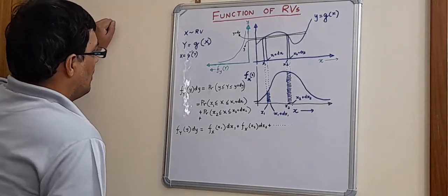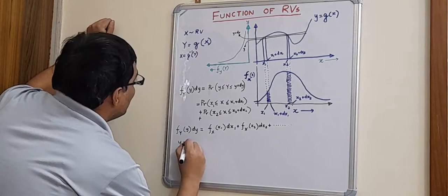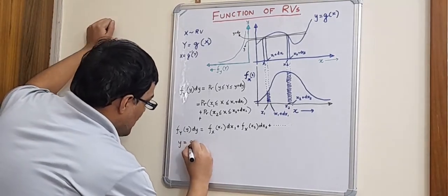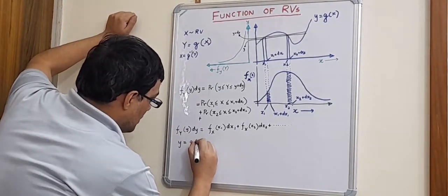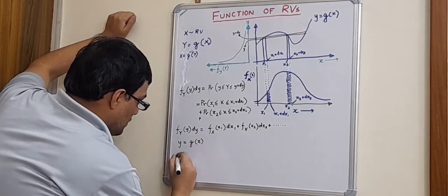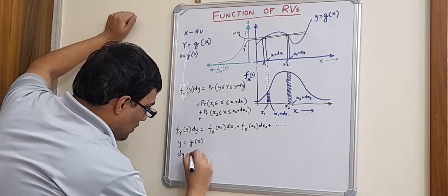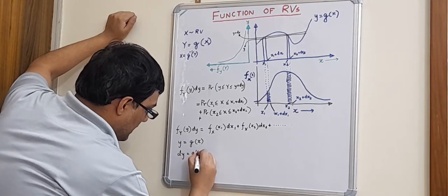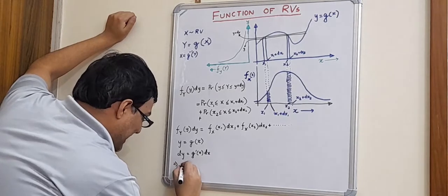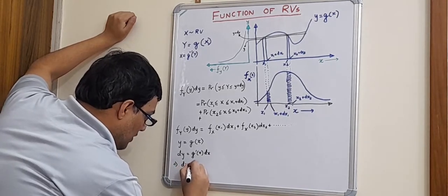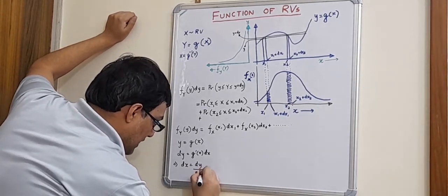So now y is equal to g of x. Now I am using small y here because of the convenience of the notations. Okay, so my dy is equal to g dash x dx, or dx is equal to dy by g dash x.